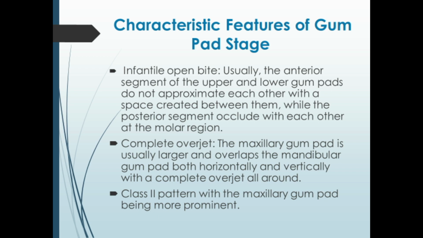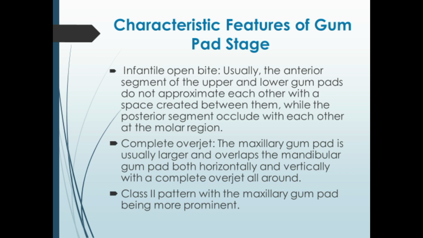Complete overjet: the maxillary gum pad is usually larger and overlaps the mandibular gum pad both horizontally and vertically, with a complete overjet all around. In this way, the opposing surfaces of the pads provide an efficient way of squeezing milk during breastfeeding.